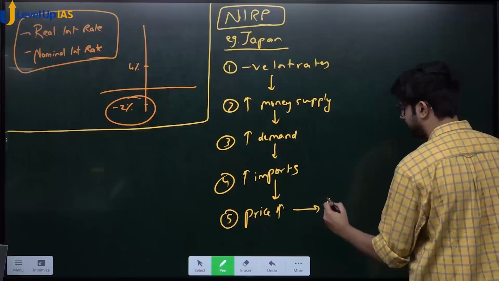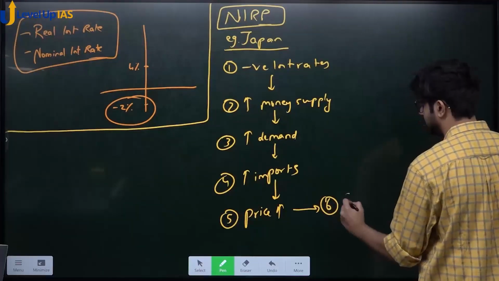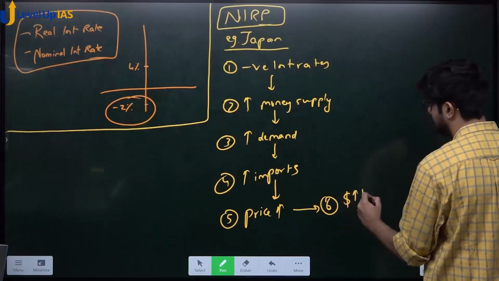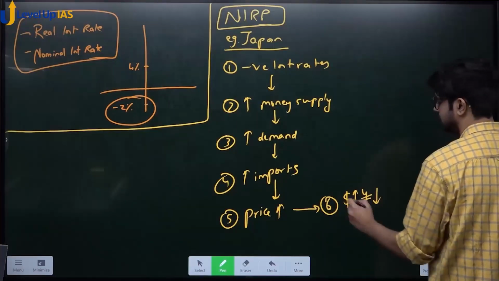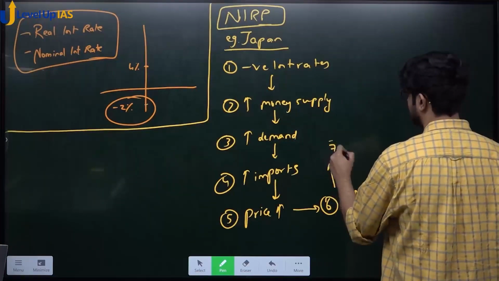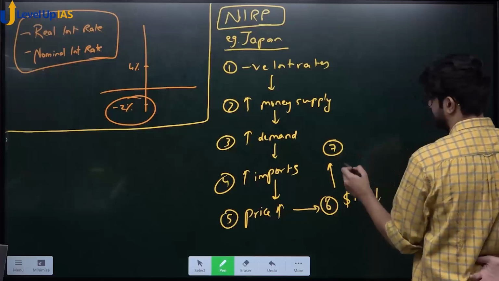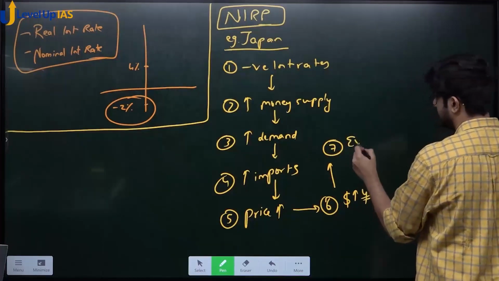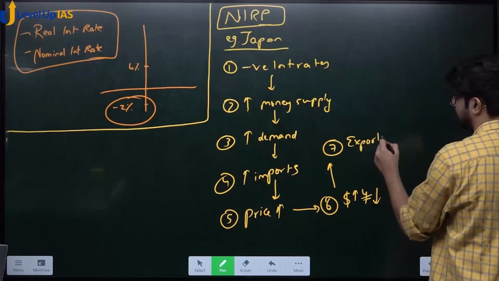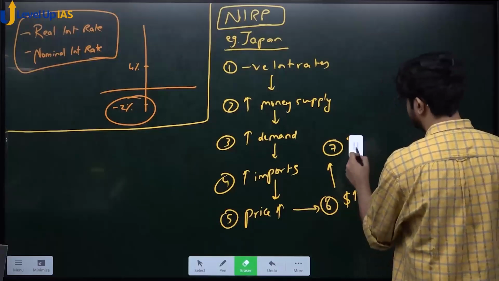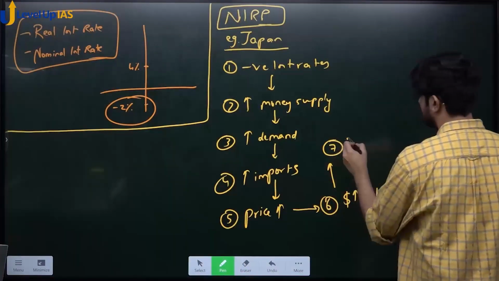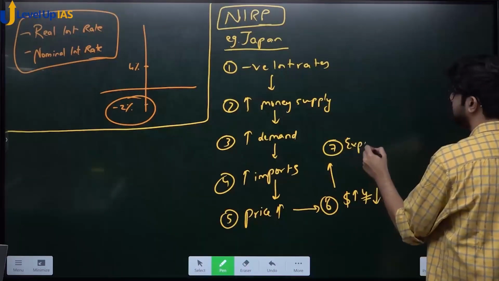Next step, let's say dollar increases and yen reduces. Next step, export price becomes less.